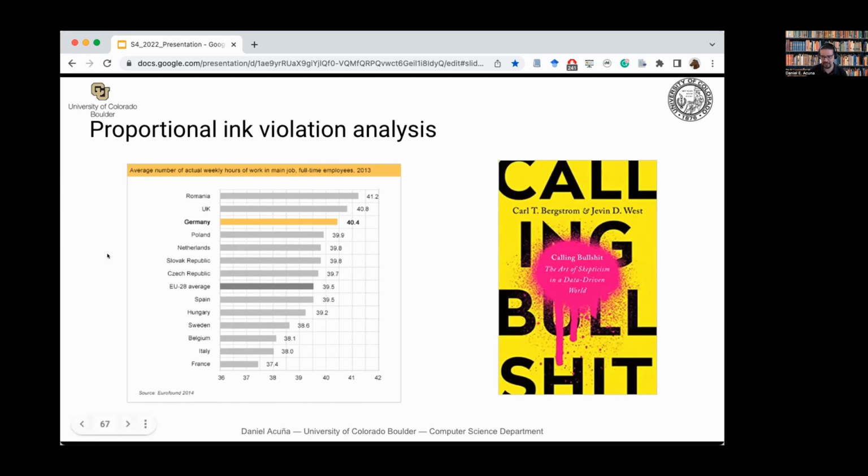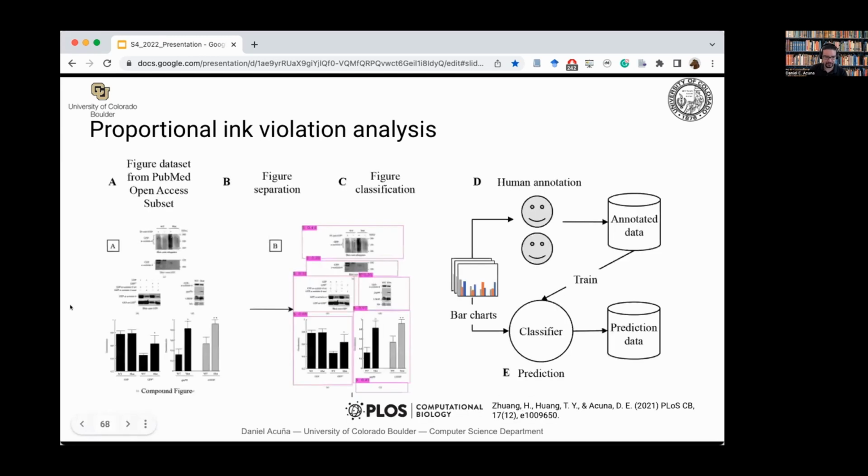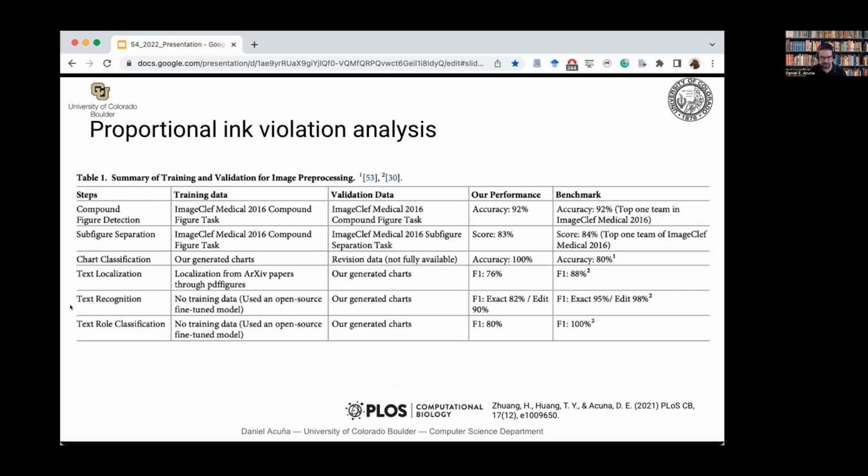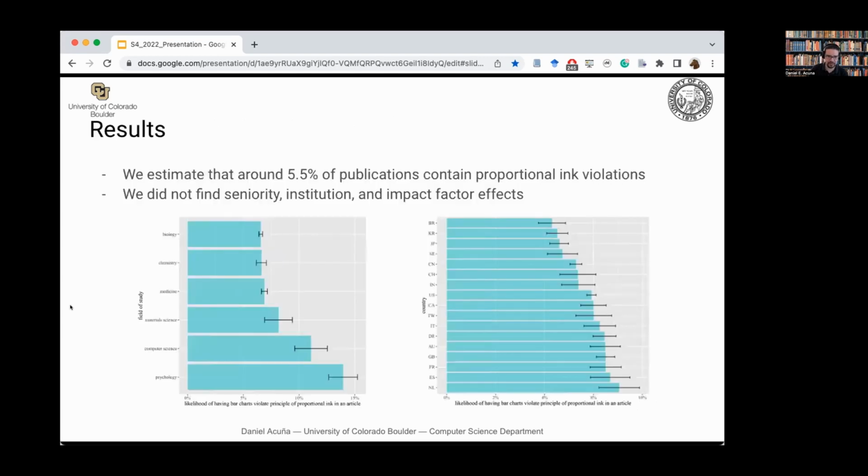Okay, so this happens in science too, and this was pointed out in the book by Carl Bergstrom and Jevin West, Calling Bullshit. And with Han, who is here, we had a paper in PLOS Biology that developed a method to discover these issues, and it goes through the details of this. It has many different steps, and we have relatively good performance for each of those steps.